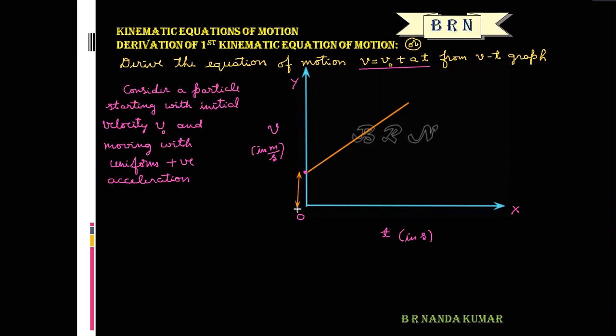Let us consider this one as V naught. V naught is the initial velocity of particle. So here OA represents the initial velocity of particle. After that, the particle moves with uniform positive acceleration.